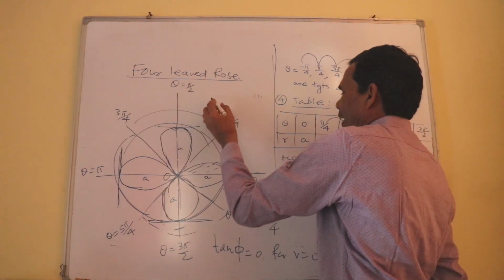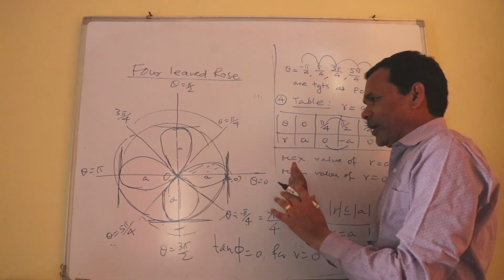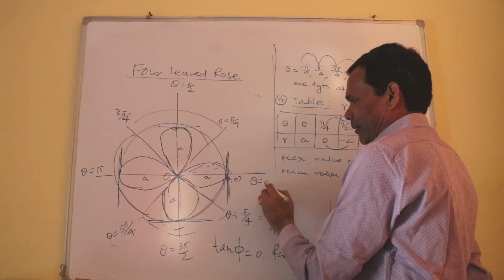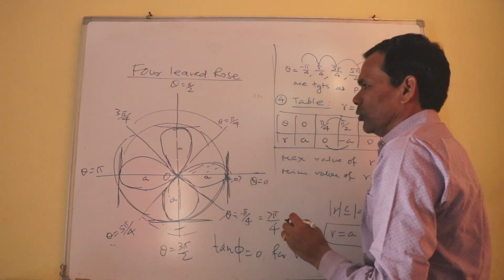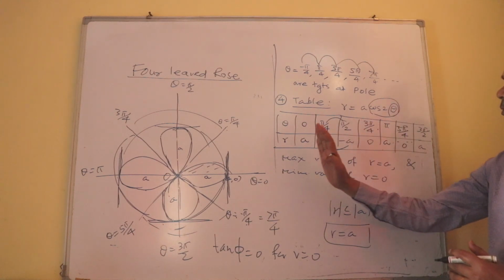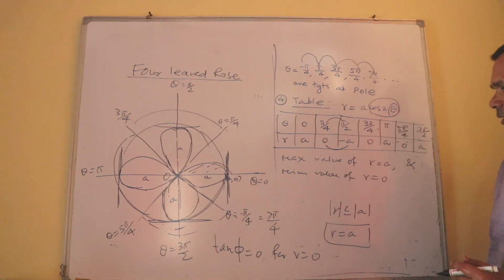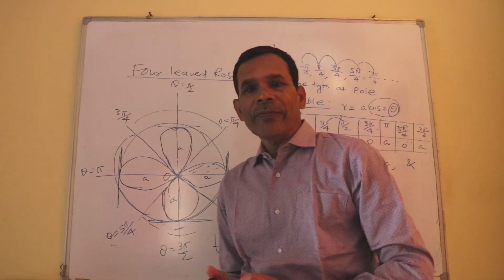If the value of n is even, then we put loops in all divisions, and the first loop is along theta is equal to 0. So this is the rule for n even. So this is the tracing of the rose curve.